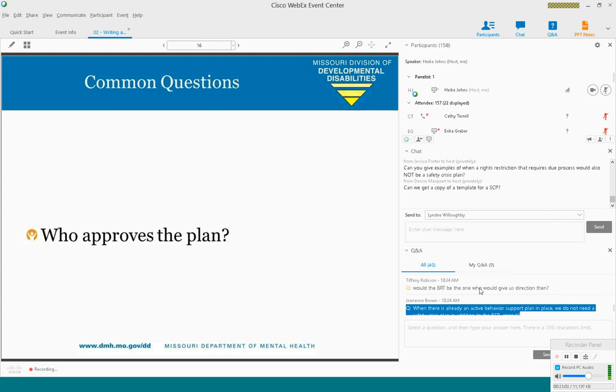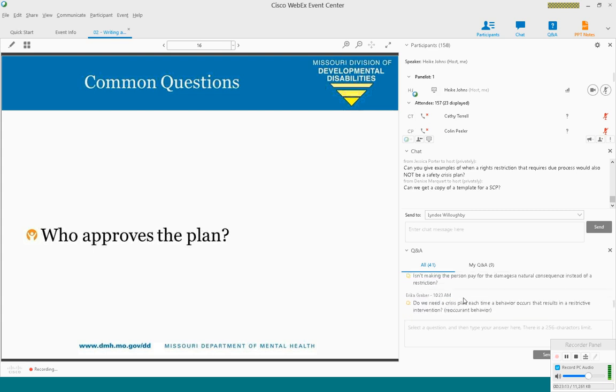There was another question that asked, would the BRT be the one who would give us direction then? So Tiffany, I'm not sure what then means. The BRT, the Behavior Resource Team in the regions, might be assistance for you. I'd prefer you go to the area behavior analyst if you're having a more complicated situation, because then they could guide you as to whether you need behavioral services or not.